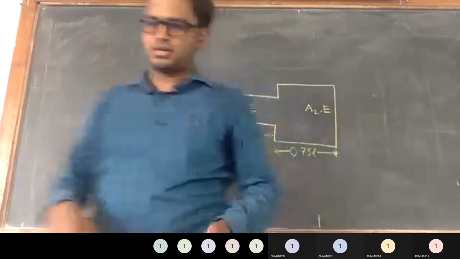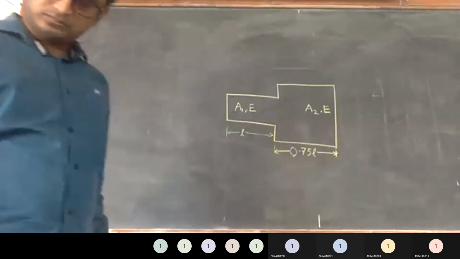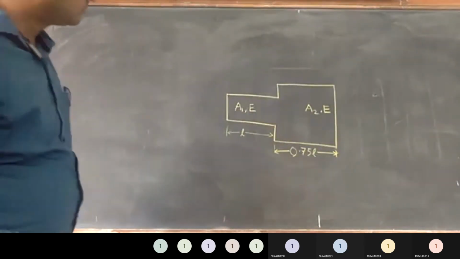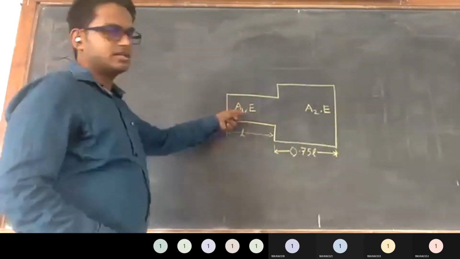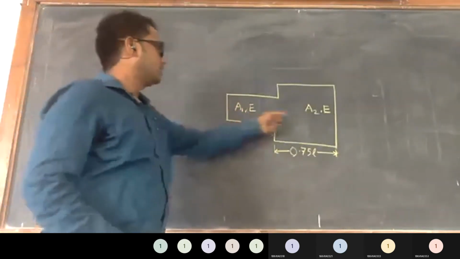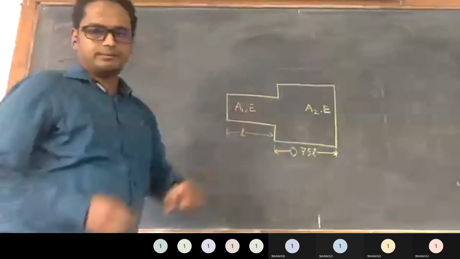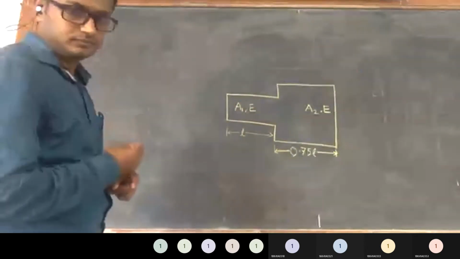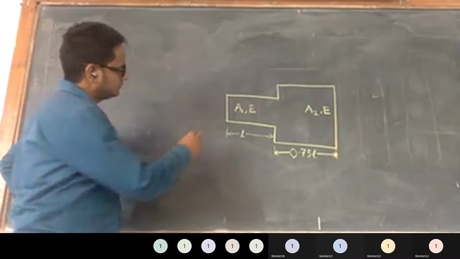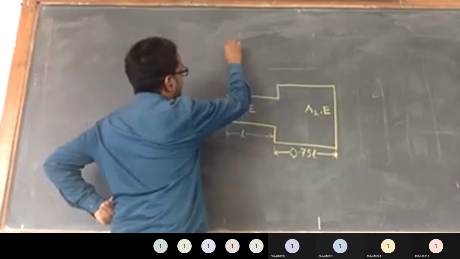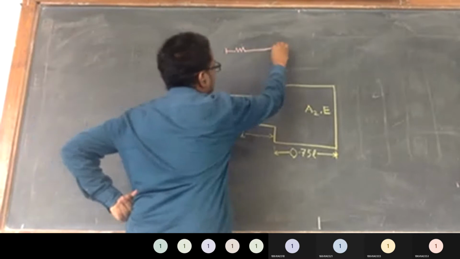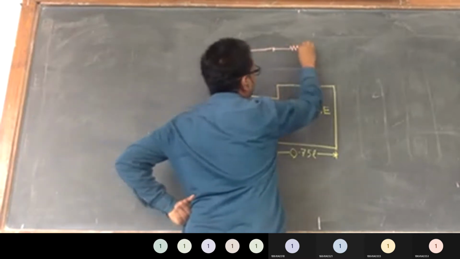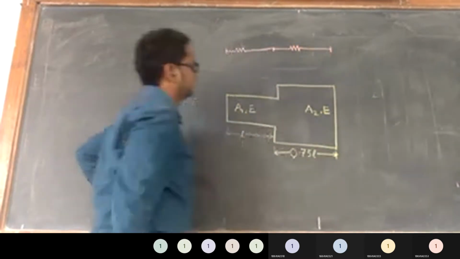Anyone from you, my dear students? How will you calculate the stiffness matrix for this geometry? Its finite element model you can draw like the first spring and the second spring.